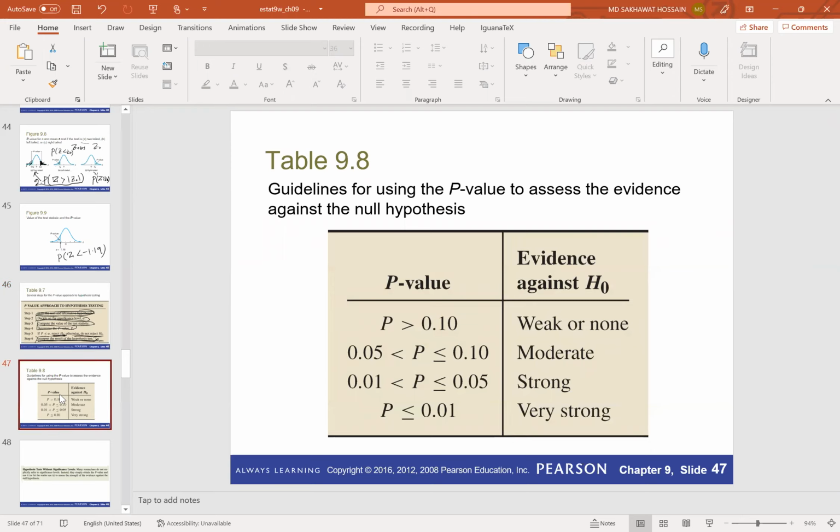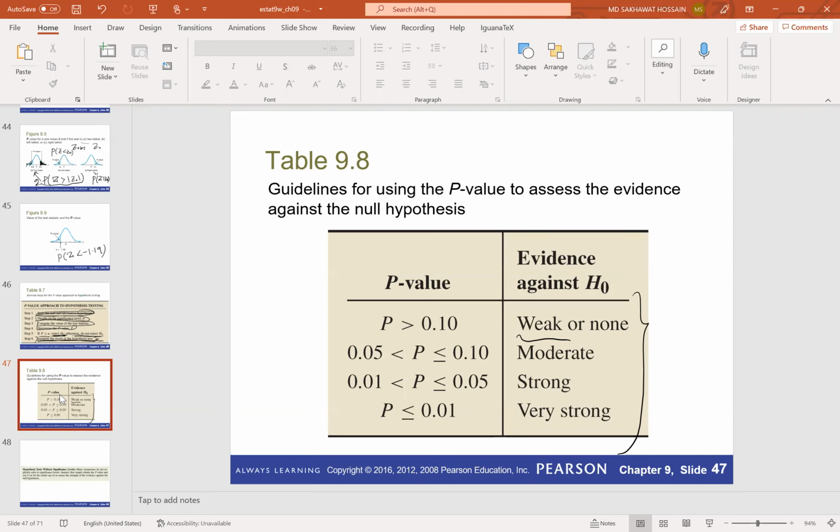So based on the p-value, we can categorize the evidence against the null. If the p-value is greater than 0.10, then we can say this is weak or none. That means there is no evidence against the null. If the p-value is large, that's when we fail to reject.